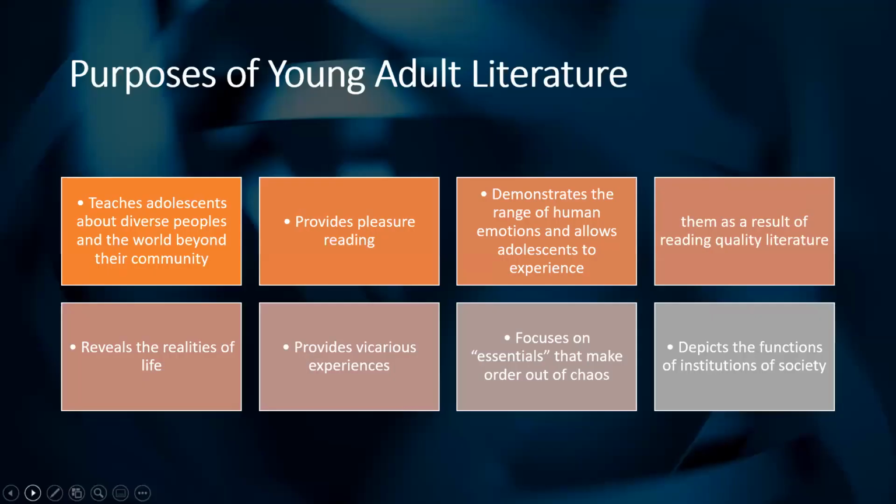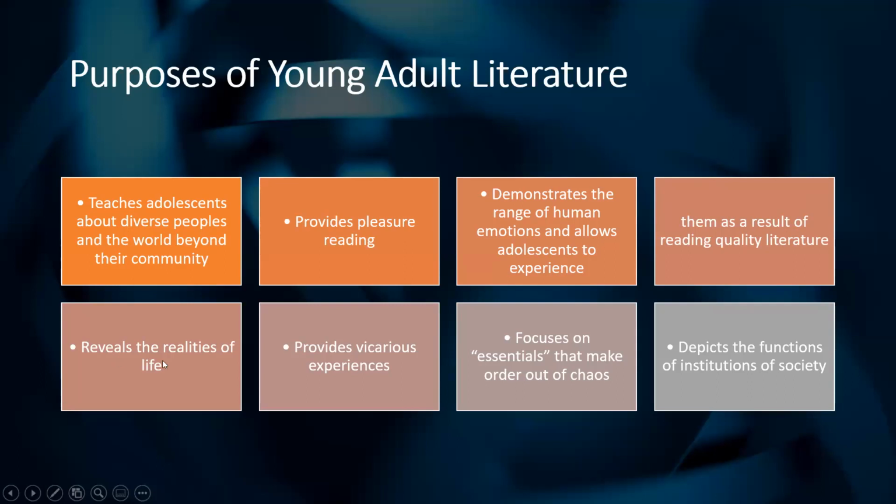Okay, and another way to define young adult literature is to know its purpose. What are the purposes of young adult literature? It teaches adolescents about diverse people and the world beyond their community. It provides pleasure reading, demonstrates the range of human emotions, and allows adolescents to experience them as a result of reading quality literature.